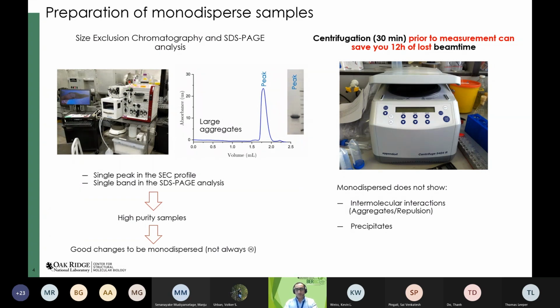Preparation of monodisperse samples. How can we prepare monodisperse samples? The preparation starts, in this case, by injecting your sample into a size exclusion chromatography. Doing this kind of purification helps you remove large aggregates from your samples, which are separated here at the beginning of the elution of the size exclusion.